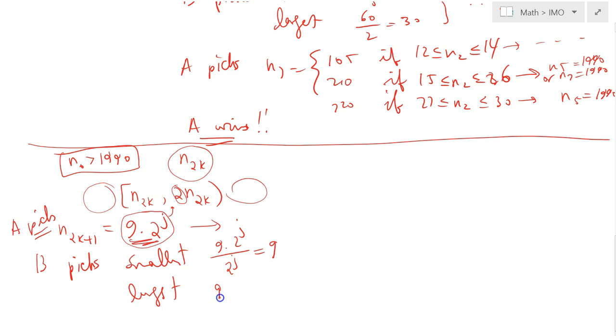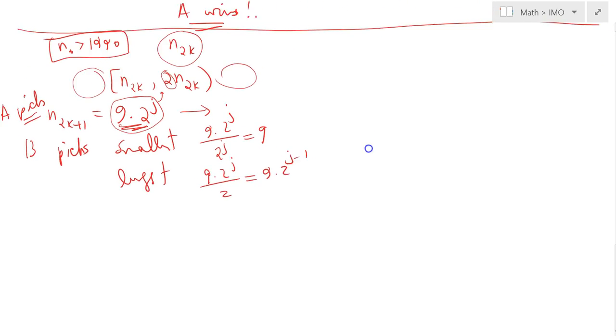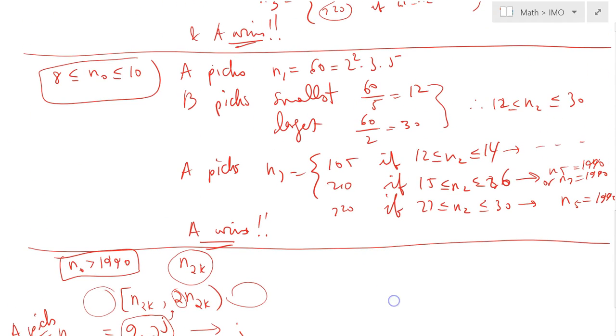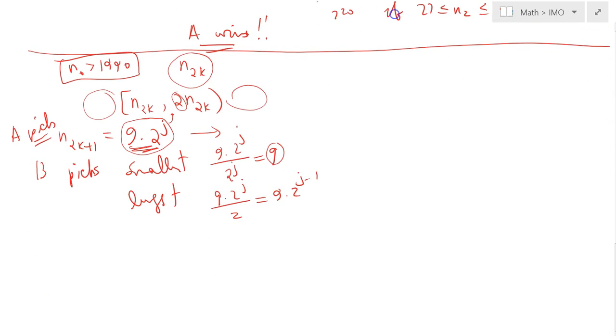And the largest it can pick would be 9 times 2 to the power j over 2, which is 9 times 2 to the power j minus 1. So we effectively forced B to pick a smaller number, and yet it's not smaller than 8. That's perfect.